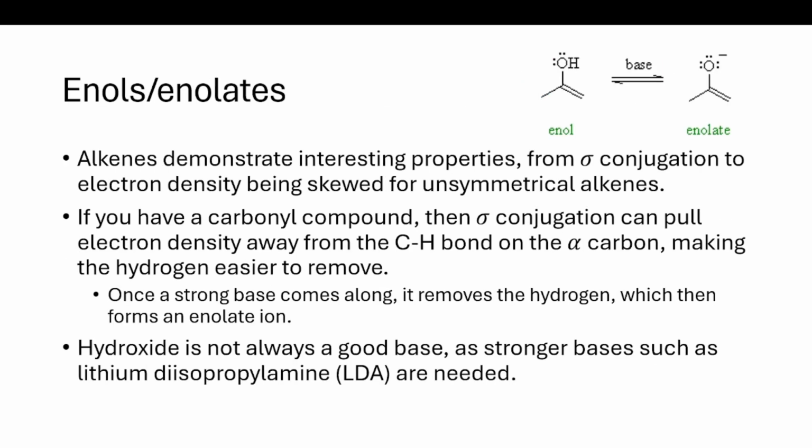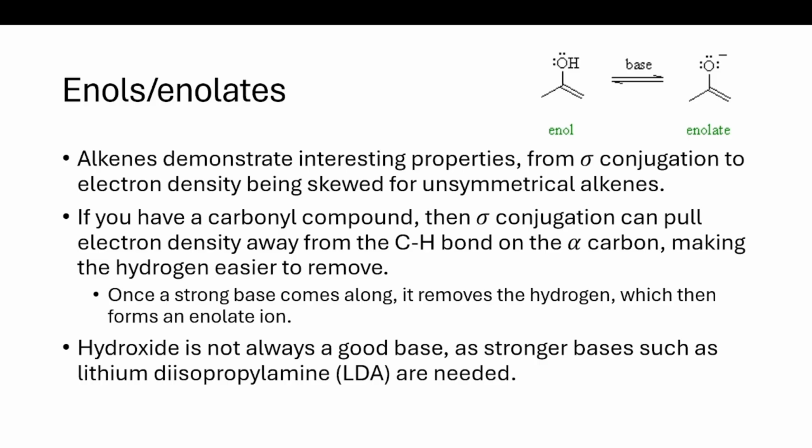Next on, I also wanted to talk about a special class of compounds known as enols and enolates. So I wanted to talk more about alkenes. These compounds show interesting properties, from sigma conjugation to electron density being skewed for unsymmetrical alkenes. Now, imagine that we have some sort of carbonyl compound. It can either be an aldehyde or a ketone.